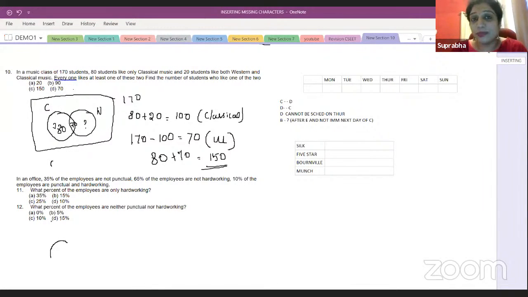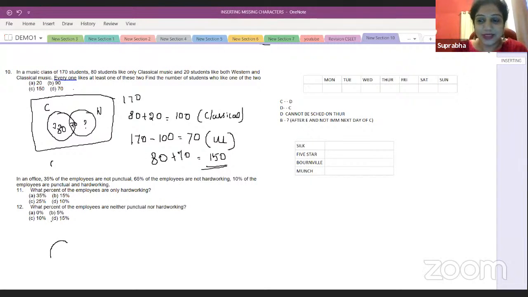If A, B, C, D are not punctual, then it means they are hardworking. And if 65% are not hardworking, then that means 65% of the total employees are punctual. Got it? Where the catch lies?